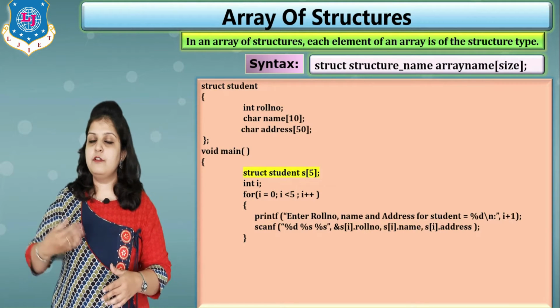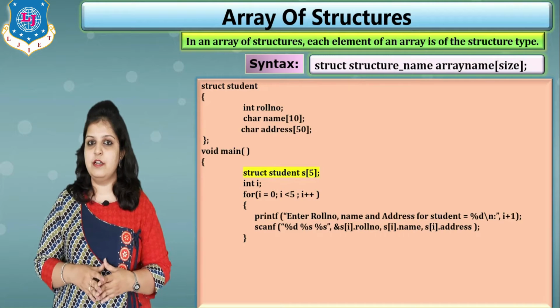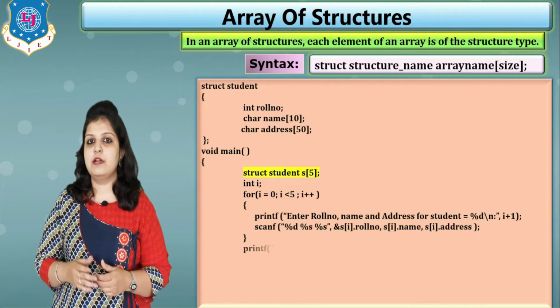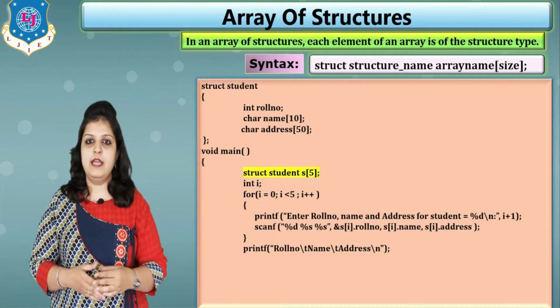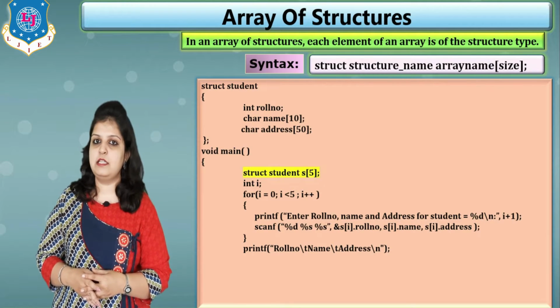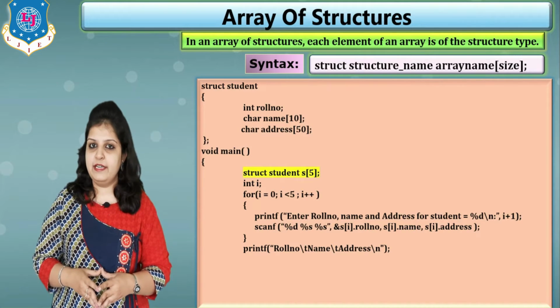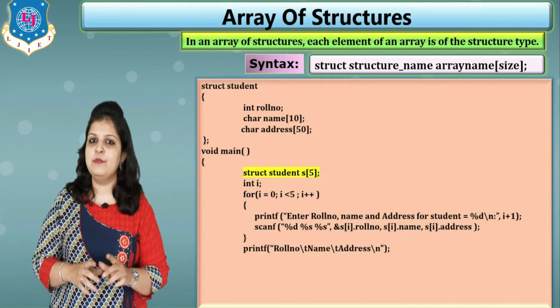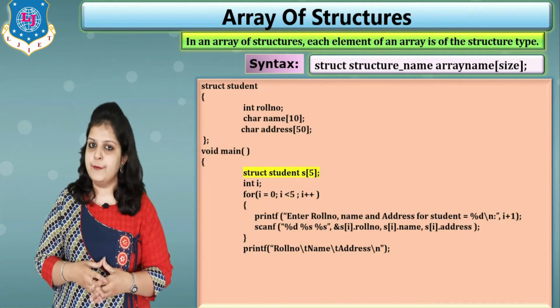Now I want to print the same data which I have entered for 5 students. So again I am writing one printf function for roll number, name and address, and here again I am using slash t for tab, because I want to print the data in tabular form; that's why I am using slash t just for formatting.